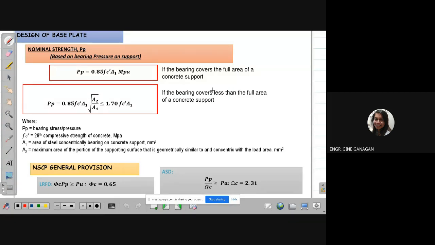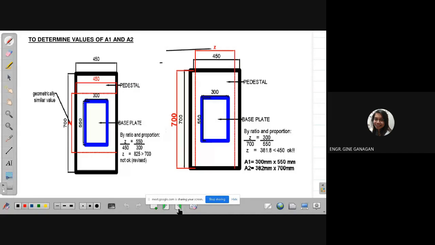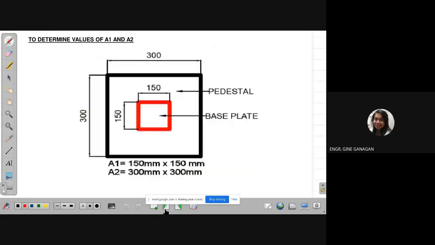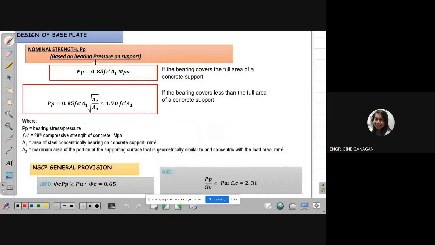So yung NSCP specification natin, meron tayong limit in designing base plate that is based on our bearing pressure on support, and yung isa is based on bending stress on our base plate. So meron tayong equation. So yung una, yung based on bearing pressure on support.